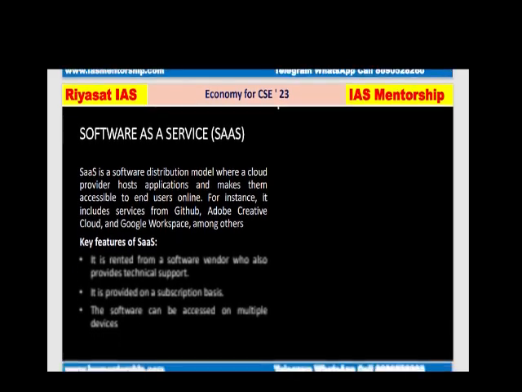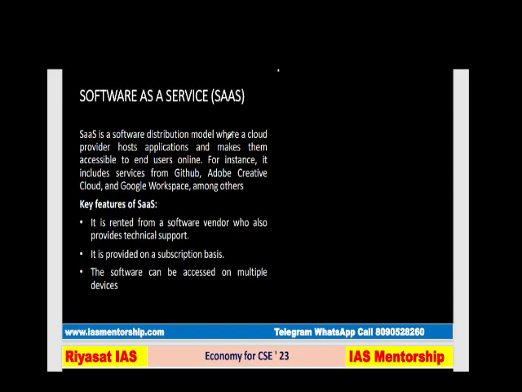SaaS, very important. Software as a Service. Basically it's a distribution model where cloud computing, आप लोगों को पता होगा, hosts applications and makes them accessible to end users online. Basically, it is having services from GitHub, Adobe, Google Workspace, among others. Okay.